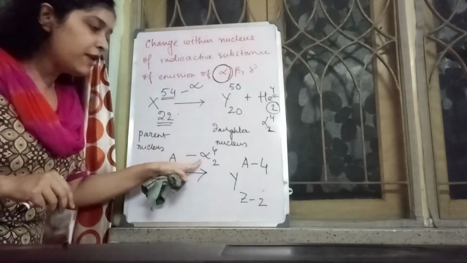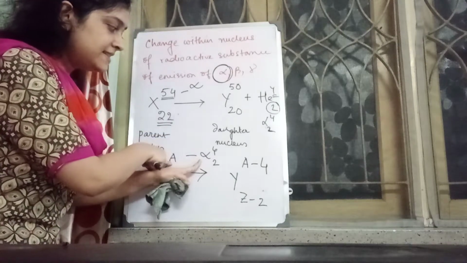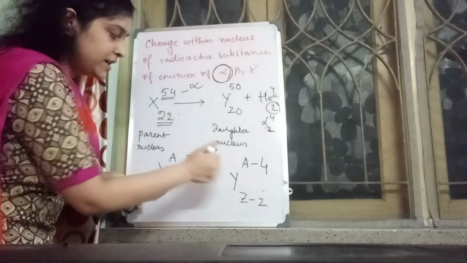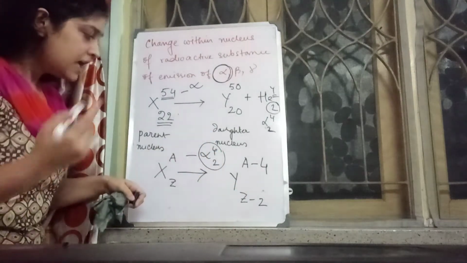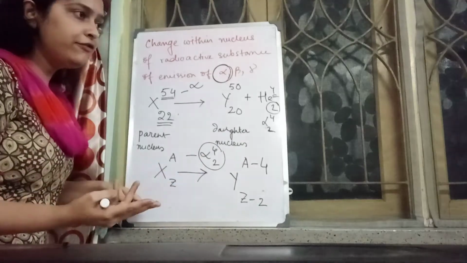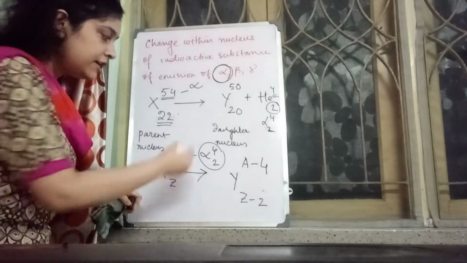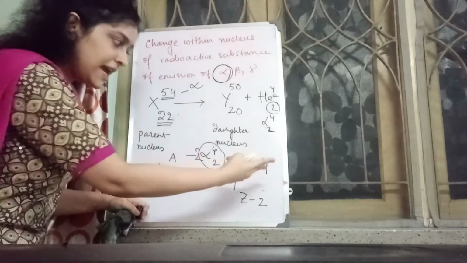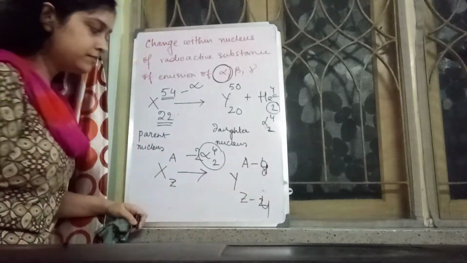If one alpha particle is emitted, atomic mass number is reduced by 4, atomic number by 2, because it is 4, 2. That's why. If I tell you, what if 2 alpha particles are emitted? Very easy. If 2 alpha particles are emitted, then it will be 2 times. So it will be A minus 8, Z minus 4.